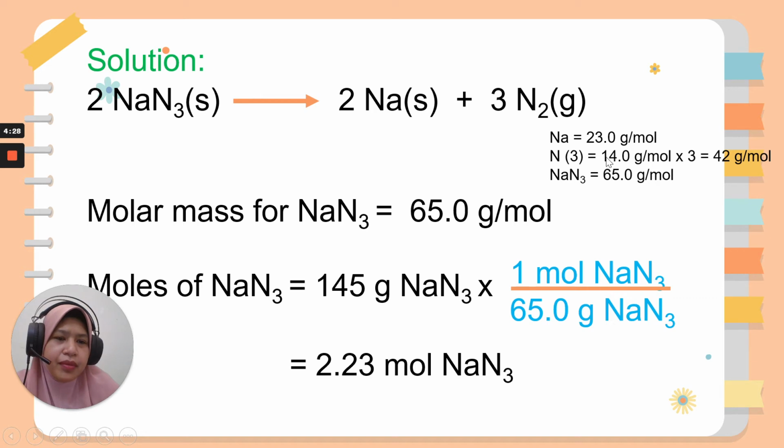So we add both, sodium and 3 nitrogen, and we get 65.0 gram per mole for the molar mass of sodium azide. Then we get the moles of sodium azide: 2.23 mole.